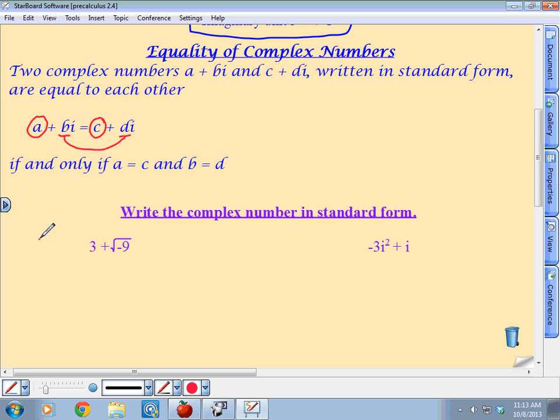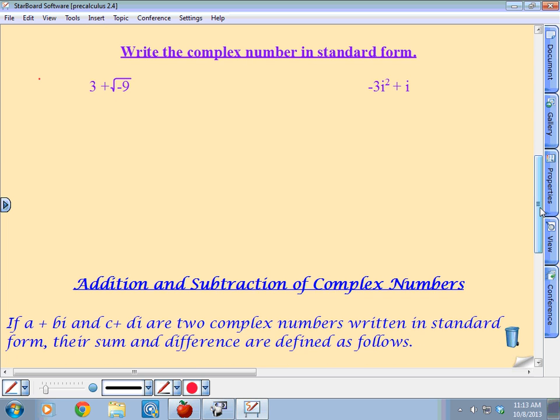All right, so let's write some of these complex numbers in standard form, because I try to do these the way the directions read in the homework. For example, how are we going to write this complex number in standard form, Kelly, for this first one here? 3 plus the square root of -9. I want it in the form a plus bi.